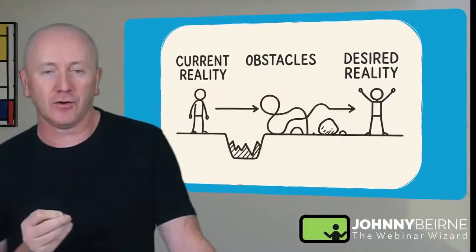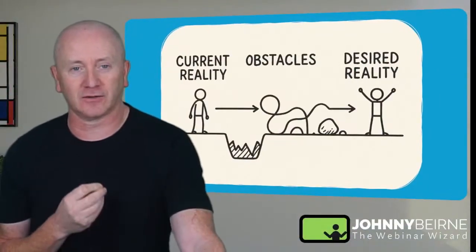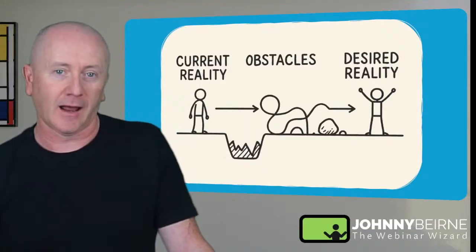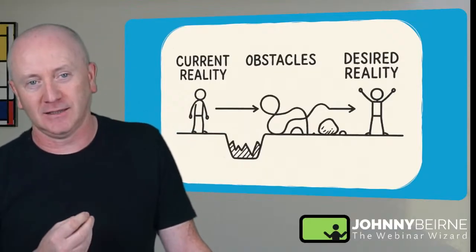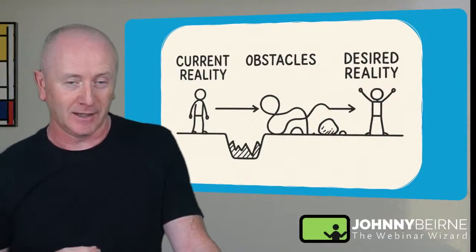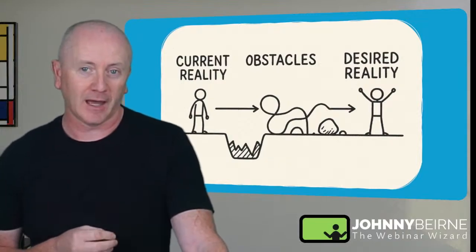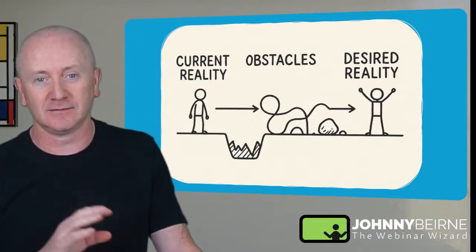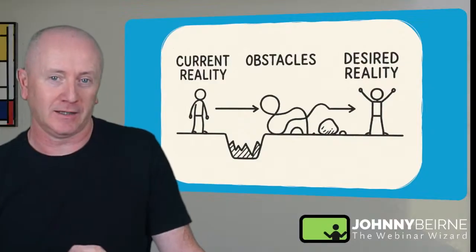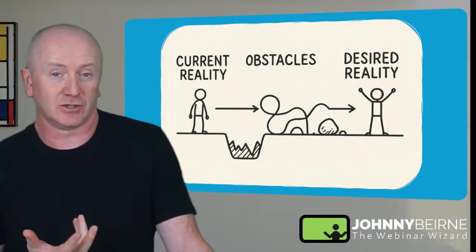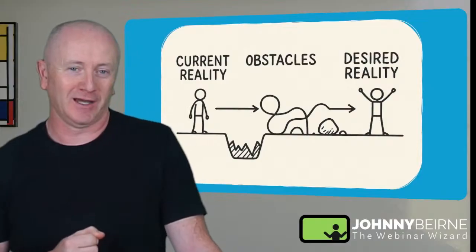They have a current reality that they're not satisfied with, and they have a desired reality, in other words, where they want to get to by buying this product or service. And there's obstacles in the way of making that buying decision. They're not essentially sure whether they should buy it or not.